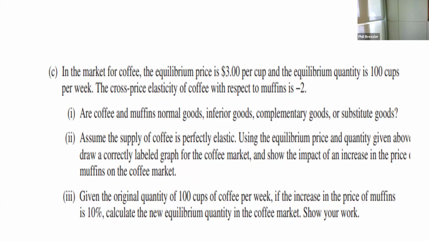Now, Nick, if the price of muffins go up, are people gonna buy more or less muffins? They're gonna buy less muffins. Okay, therefore, are they gonna need more or less coffee with their muffins? Less coffee. So the demand is gonna shift.